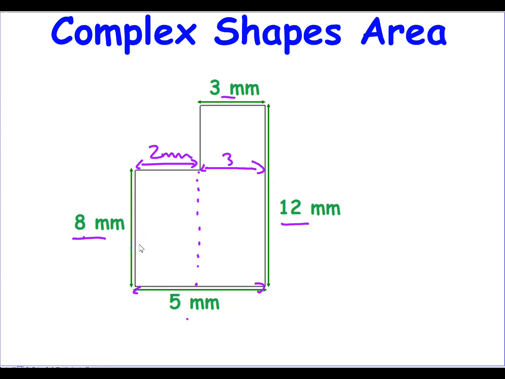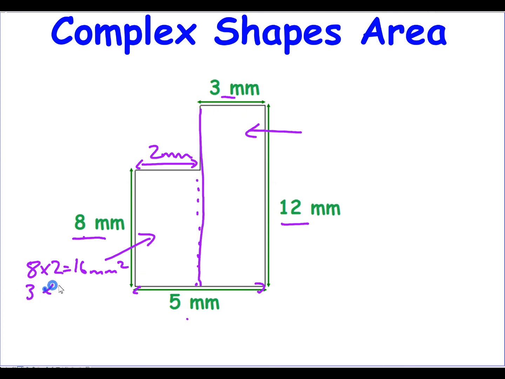So our 2 areas for our 2 rectangles are going to be this bit here is 8 by 2, which is 16 millimeters squared. This rectangle here is going to be 3 millimeters by 12, which is 36 millimeters squared. All we need to do to find the area is add the 2 together.